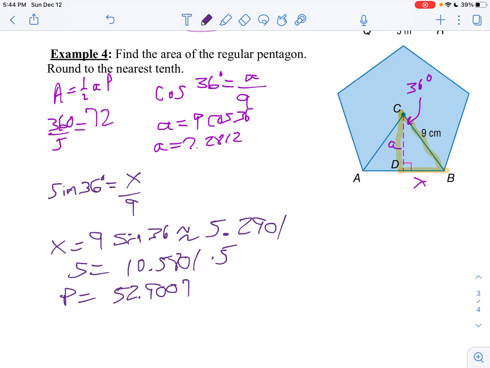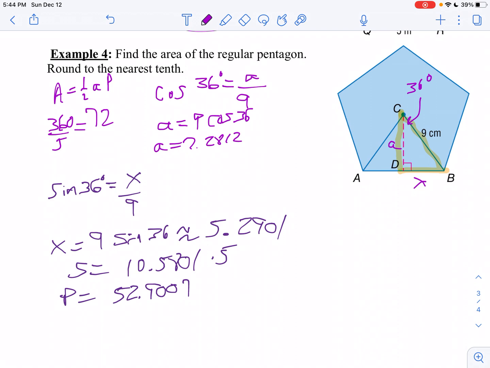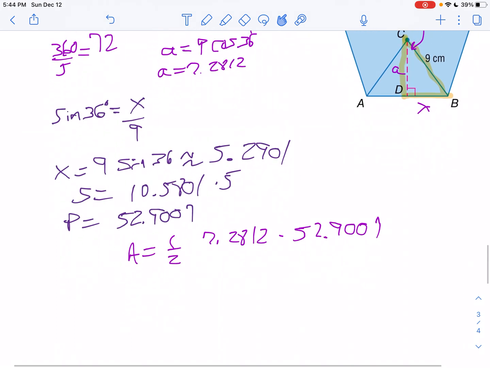Now I can plug in my formula, 1/2 AP. So the area of this pentagon is going to be 1/2 times my apothem, which is 7.2812, times my perimeter, which is 52.9007. And then we'll round that. I think I'm going to round to the nearest whole number because my radius was rounded to the nearest whole number.